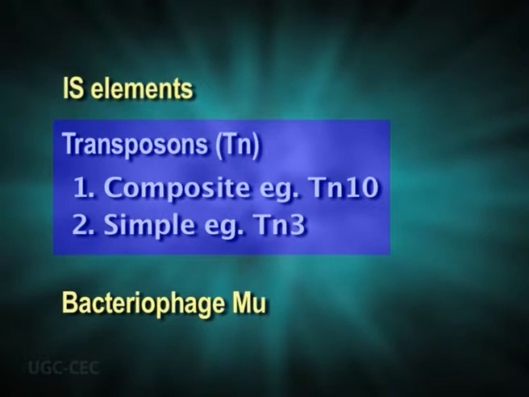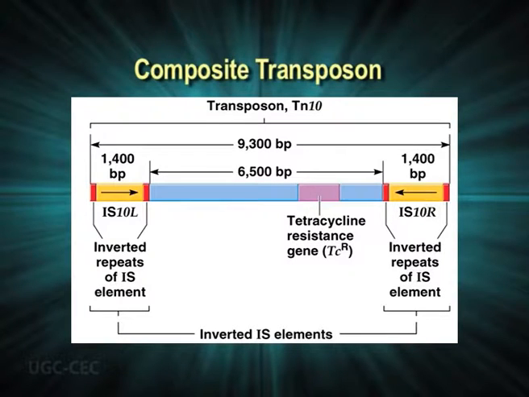These are a few examples. The second type of transposable elements found in prokaryotes are the transposons or the Tns. The Tns are broadly categorized into composite and simple transposons. First, I will explain the composite transposon, taking Tn10 as an example. If you look at it, Tn10 has the IS elements, just like the IS.